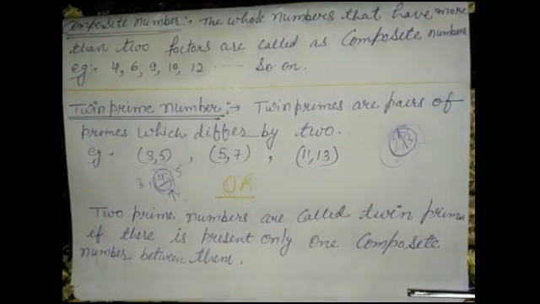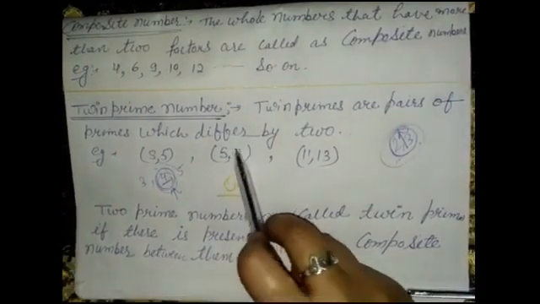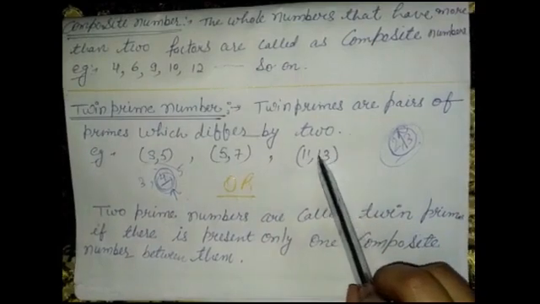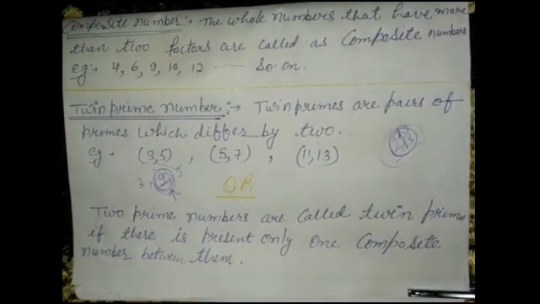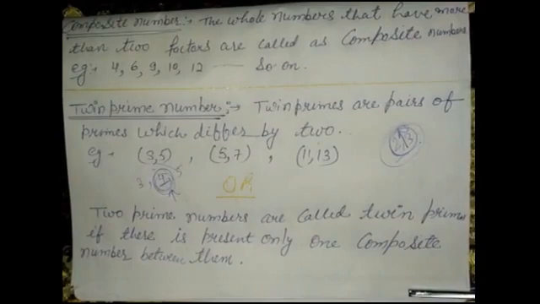Again, I'm repeating, for twin prime numbers you must have a composite number between them, like 5 and 7, I'm having 6, a composite number. 11, 13, I'm having 12 in between, and 12 is a composite number, right? So twin primes are pairs of primes which differ by 2. So these are the numbers that I wanted to discuss with you.